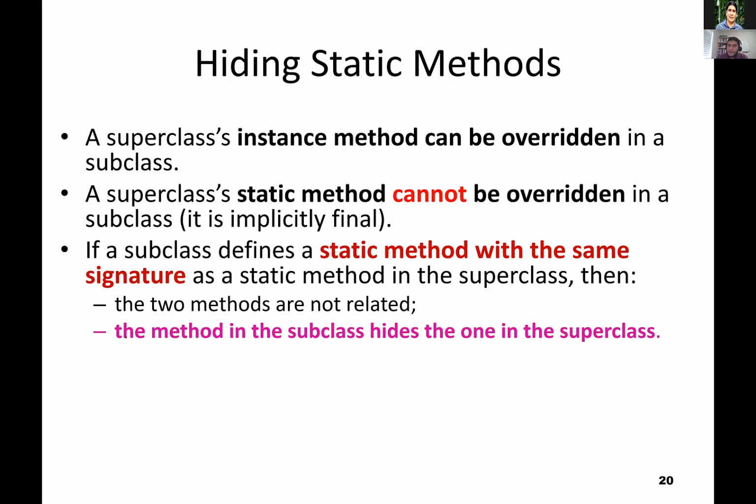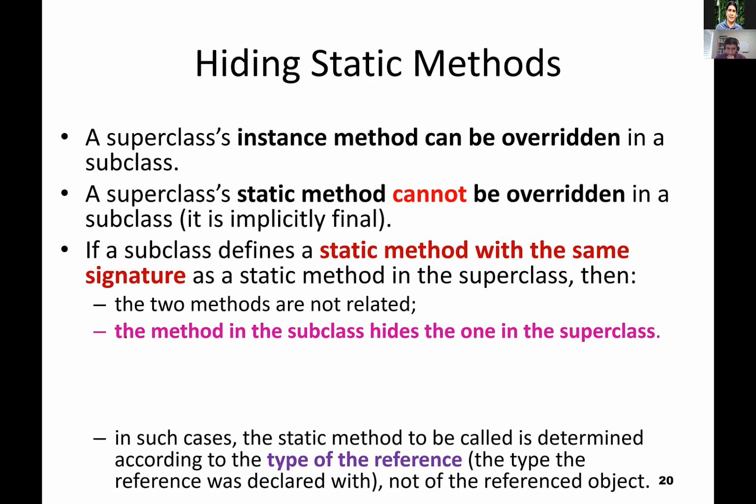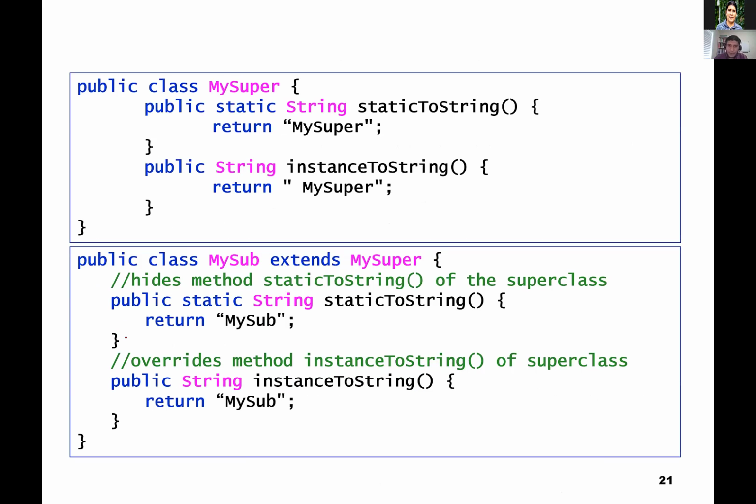But you still can have the same method with the exact same signature. But in this case, we call it hiding, not overriding, because both methods are really not related. There is no inheritance relationship, but the one that is at the child will hide the one that is at the parent, right? So let's have a few examples to make sure we understand, similar to what we have done for the overriding. So here, I have two different methods.